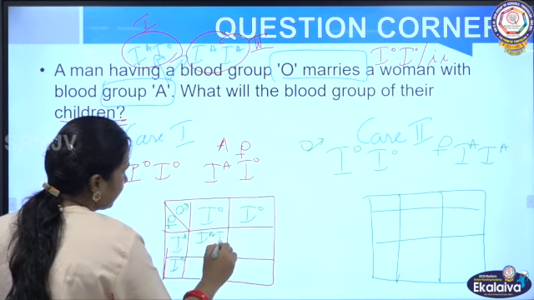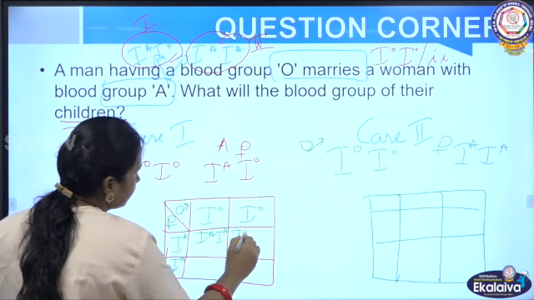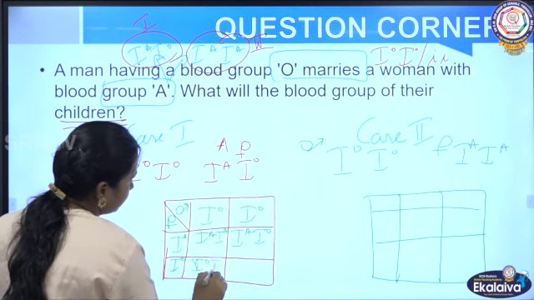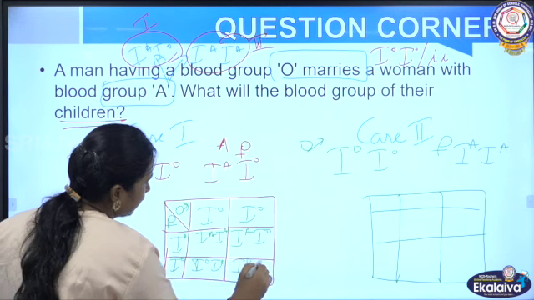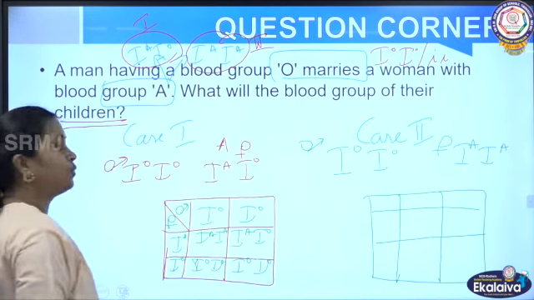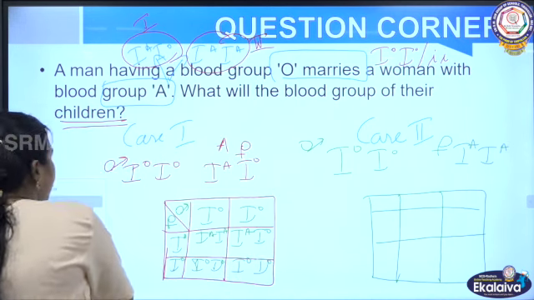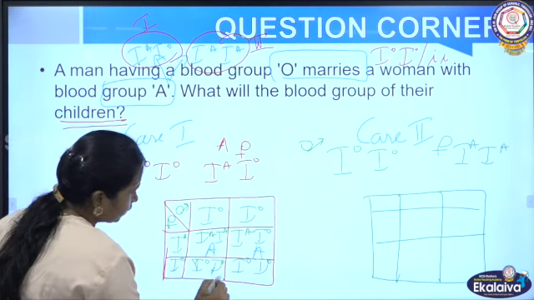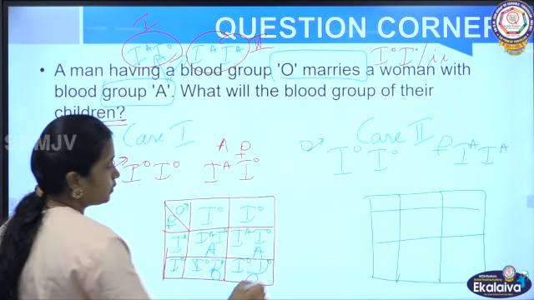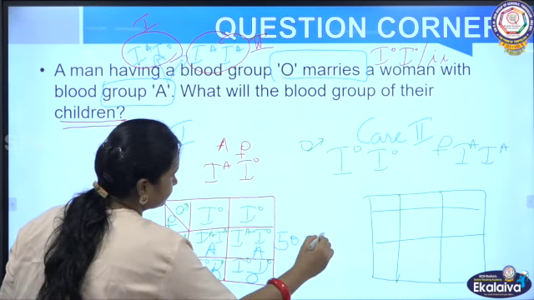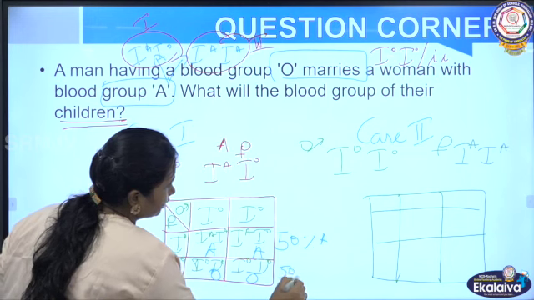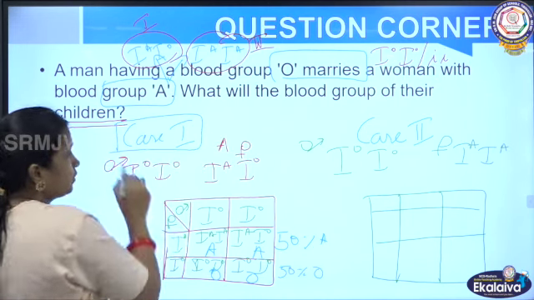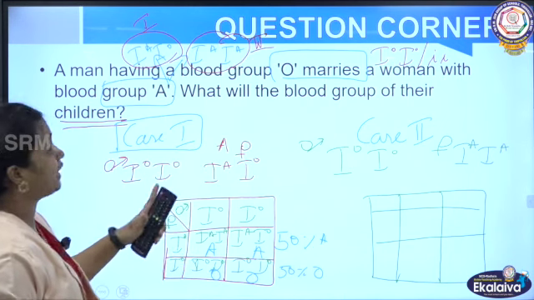You will get IA IO, then IO. We'll write the blood group. What blood group is it? It is A blood group, and this is A blood group. This one O blood group, this one O blood group. So 50% A, 50% O chances for the offspring, if this is case 1, where the woman is having IA IO.